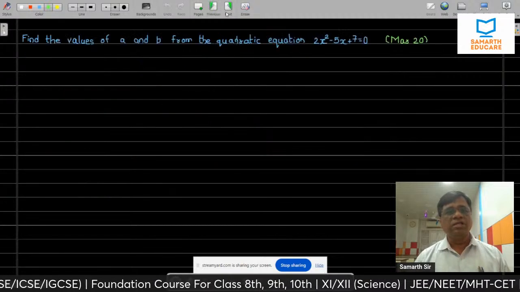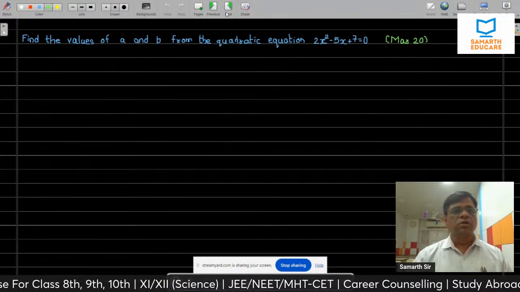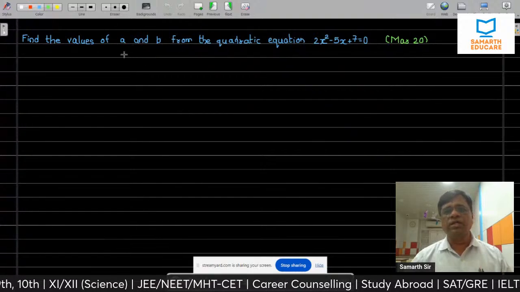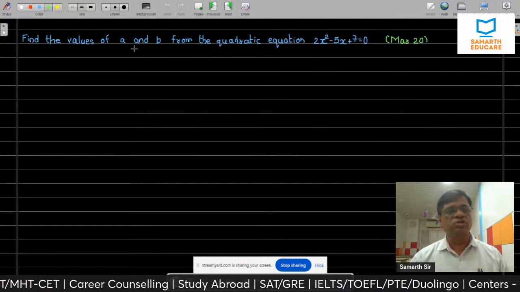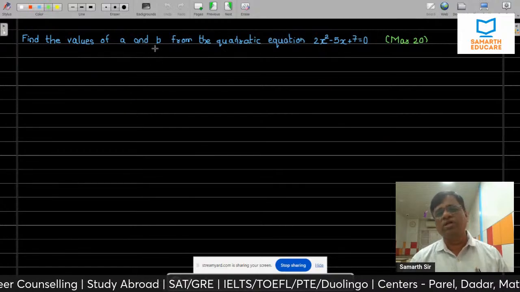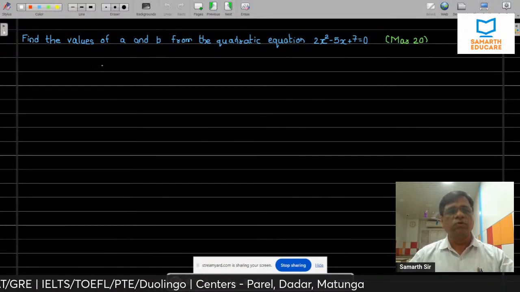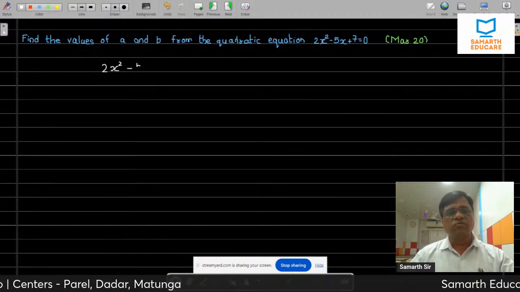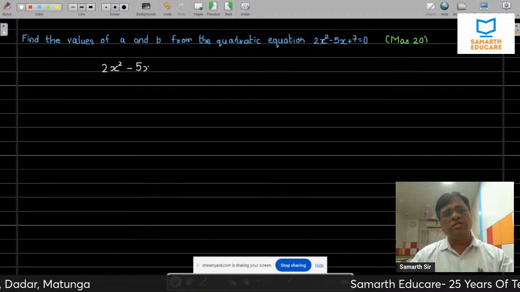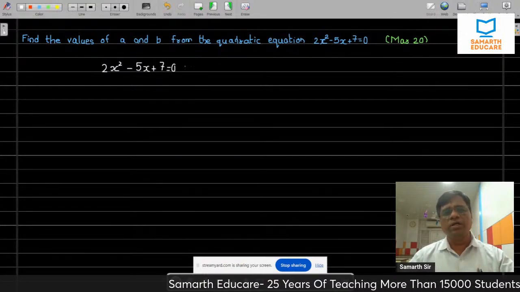Okay, now let's understand a few questions that were there in the exams. Here it's a March 2020 question. The question is: find the values of a and b from the quadratic equation 2x square minus 5x plus 7 equal to 0. So 2x square minus 5x plus 7 equal to 0 is the quadratic equation.